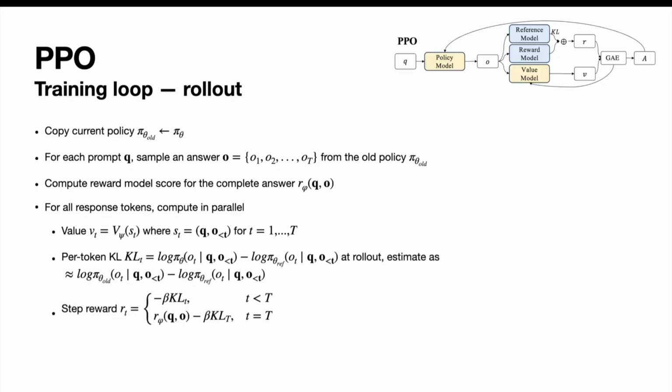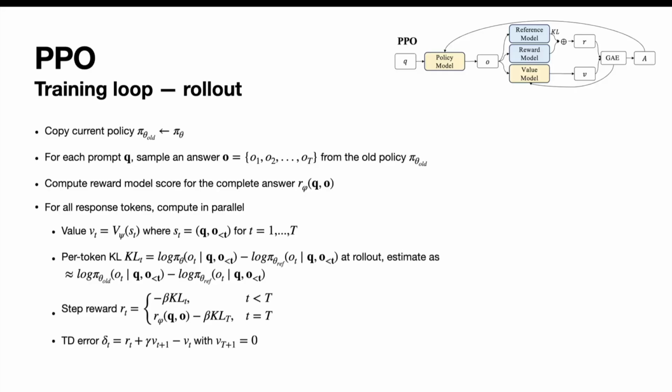Using the reward model score and the KL estimate, we form the step reward r_t. For tokens before the final token, the reward is just the negative KL penalty. For the final token, we add the reward model score for the complete answer. Once we have the step reward r_t and the value predictions, we compute the TD error.